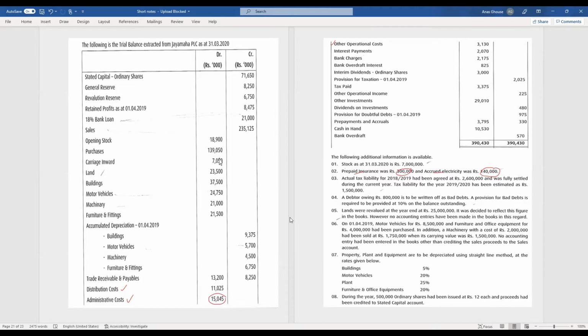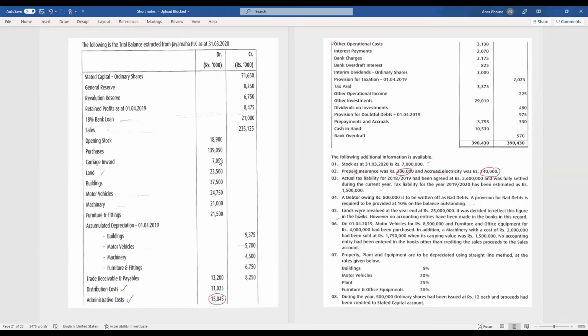So we can go to note number 2. Under that, the first one is distribution cost and the second one is administrative cost. The total administrative cost is given as 15,045.